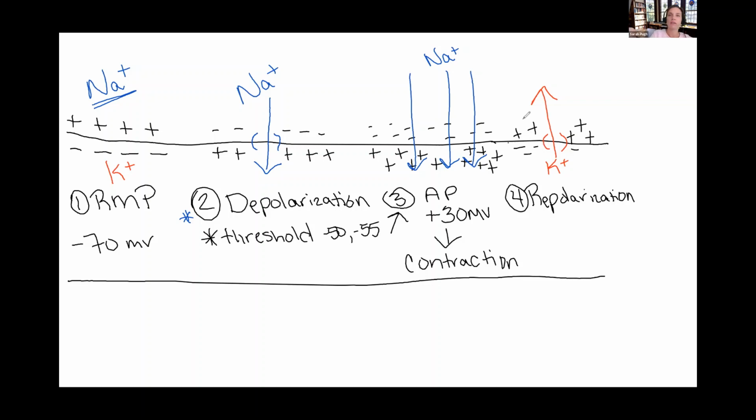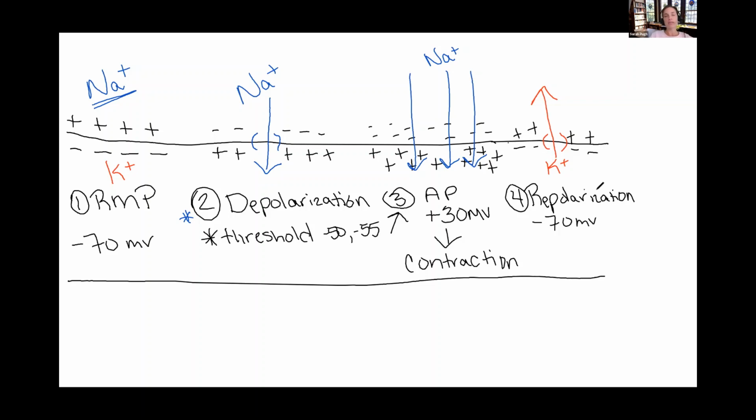Whoops, I didn't mean to do that. Inside becomes more negative. Get rid of that extra positive too. And this will get us back to negative 70 millivolts.